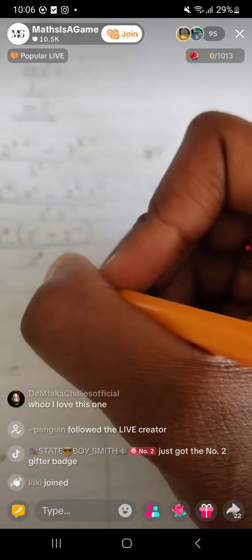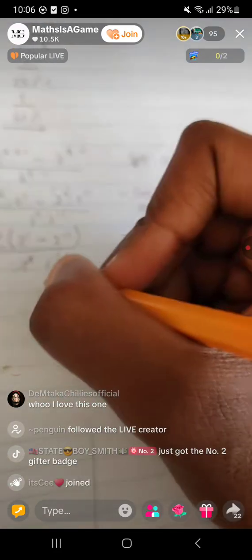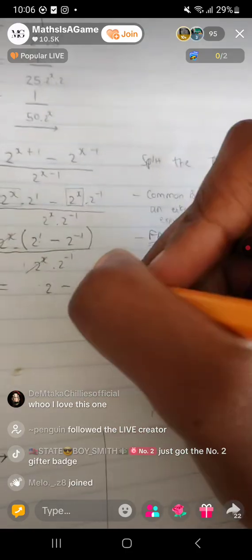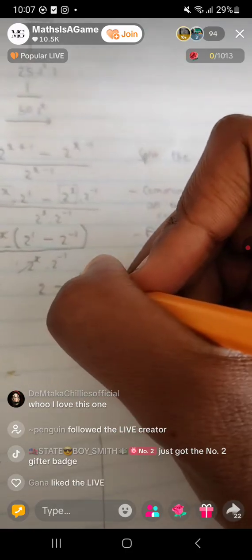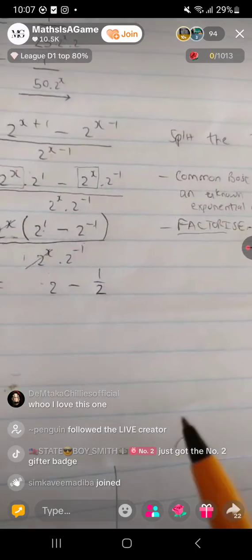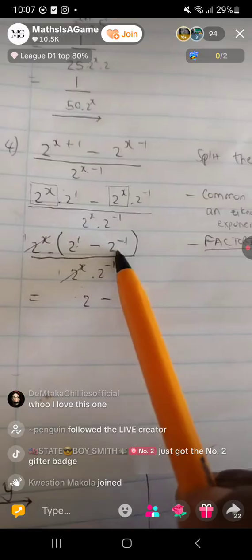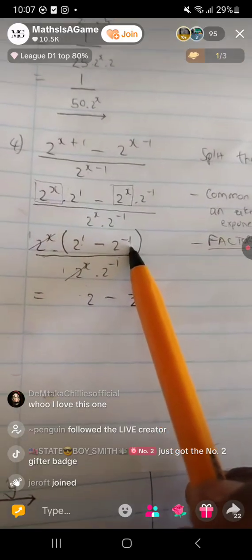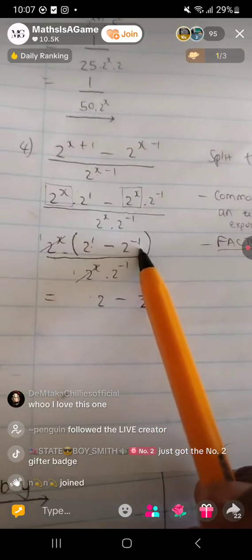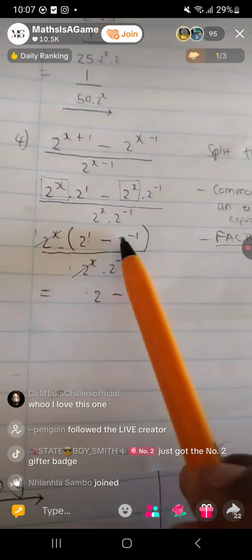Remember that cancellation leaves us with 1 and 1. So at the top now we have 2 to the power 1 minus 2 to the power negative 1, which can be written as 1 over 2. What did we do here? Remember, a base raised to a negative exponent can be written with the 2 going to the denominator.